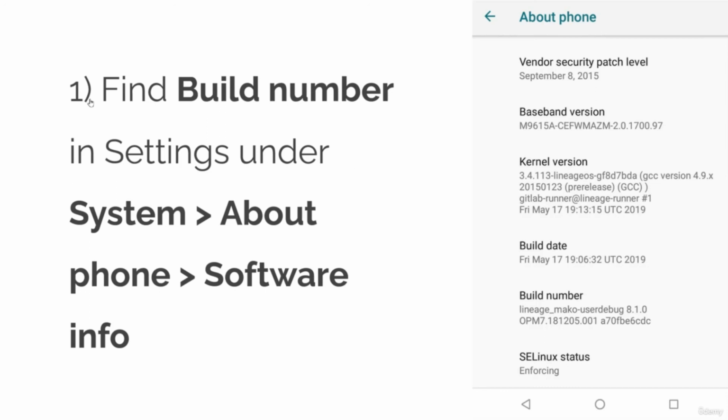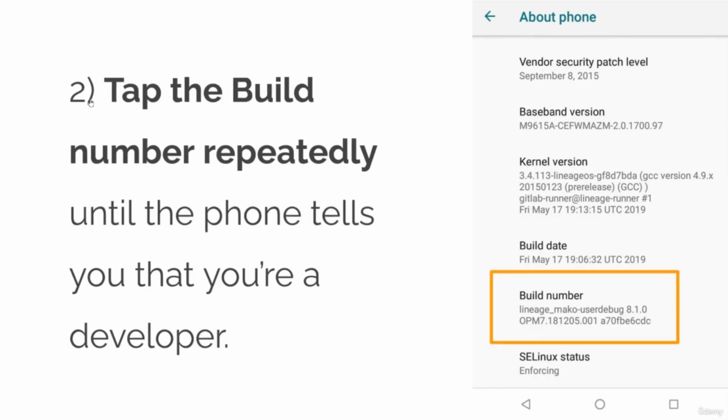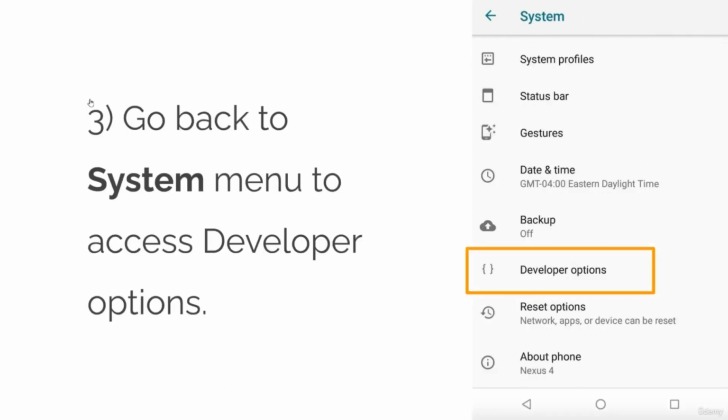You could also search for it. Once you've located the build number, you want to tap that build number repeatedly, typically 6 times, until the phone tells you that you have enabled developer options. So this is kind of like a secret knock in order to open the developer options.